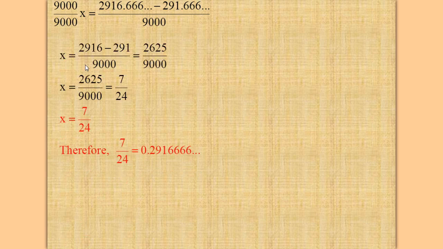So now we have 2916 minus 291 divided by 9,000. And that comes up to be 2625 divided by 9,000. And if you reduce that fraction, you'll get 7/24. And therefore 7/24 is equal to 0.291666. And that's a nice, easy way to know why these repeating decimals are fractions.